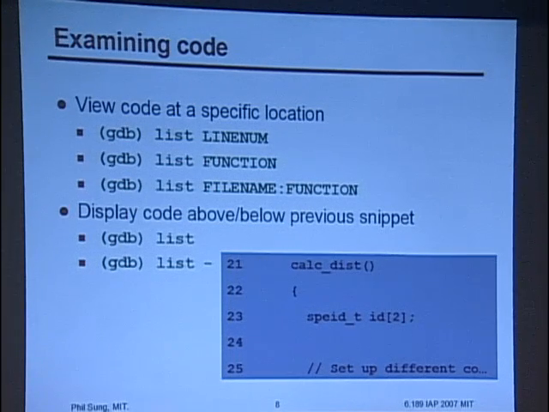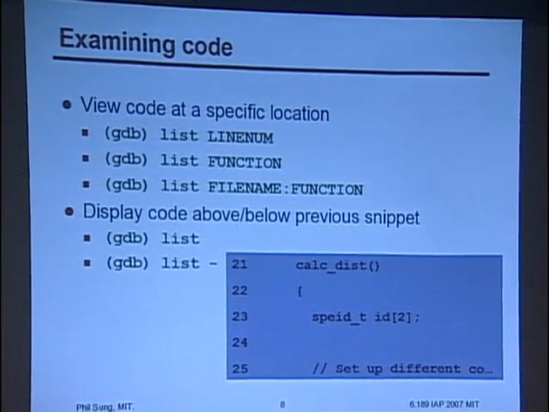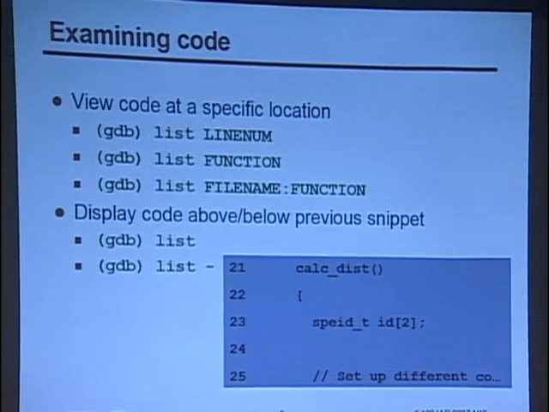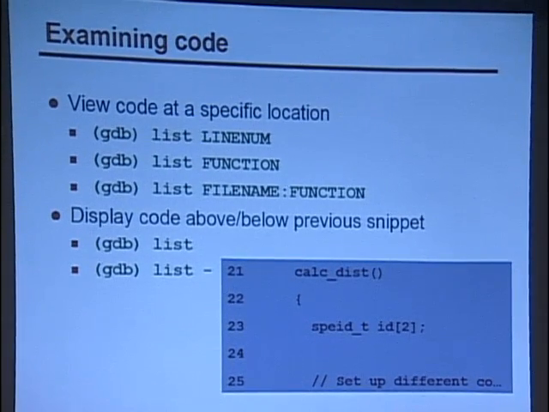In general, whenever GDB has stopped in a certain place, you can type list to get a listing of the source code near that location. What list will do by default is show 10 lines of source code near where the program stopped. If you type list again, it will show 10 lines following that. And you can keep typing list to browse the source code. You can also get the code that's at a particular line number if you want to look at another place in your program.